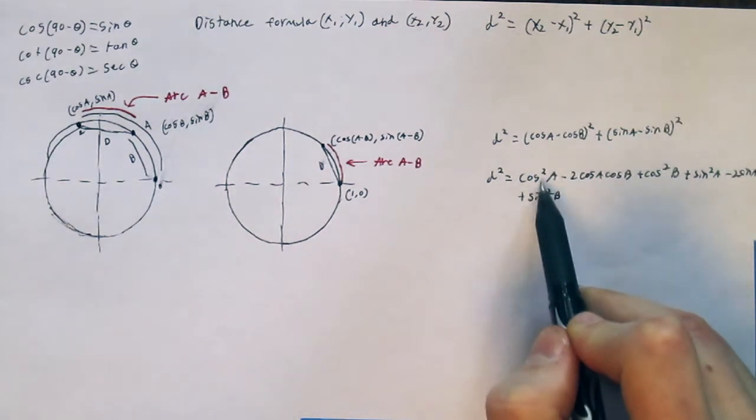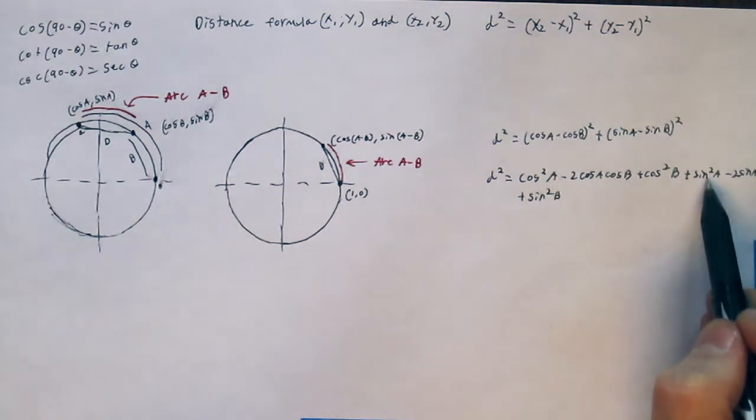So now we have cosine squared A plus sine squared A, and so we know that's 1.